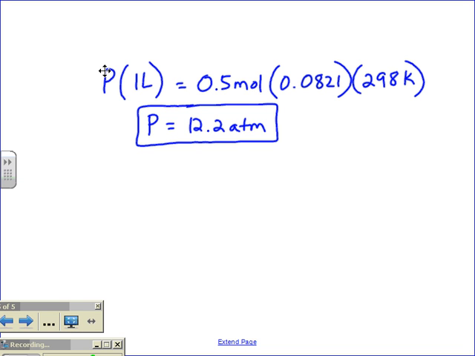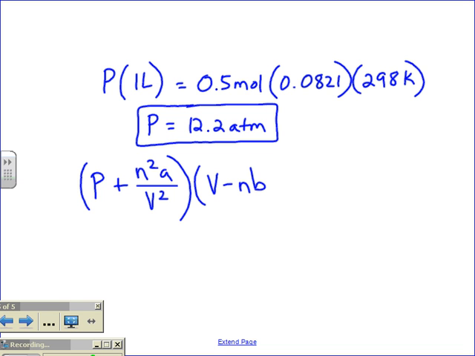They gave us the A and B constants back on the slide, so you can refer to that. Now I'm going to rearrange van der Waals equation to solve for P. Here is the actual formula for van der Waals equation: P plus n squared A over V squared, times V minus nB, equals nRT. Again, this is on your formula sheet. The only two new variables here are A and B, and those have to be given to you.